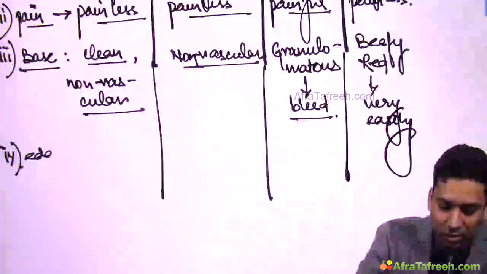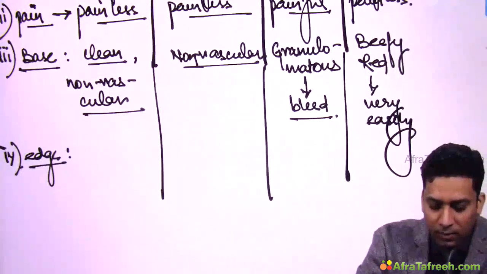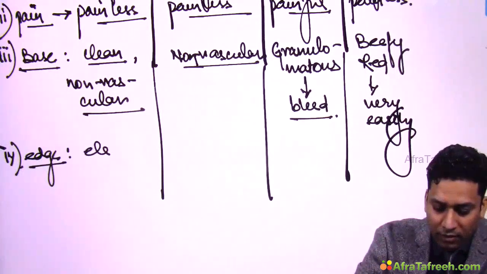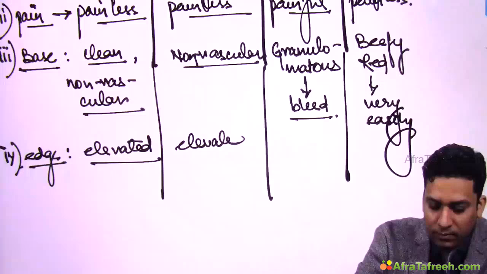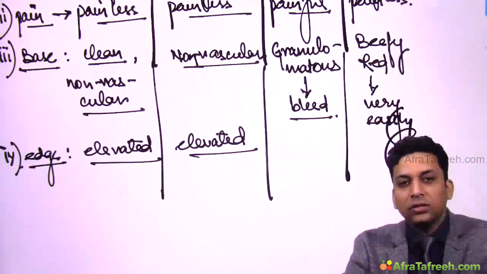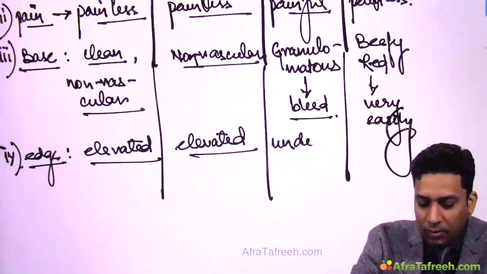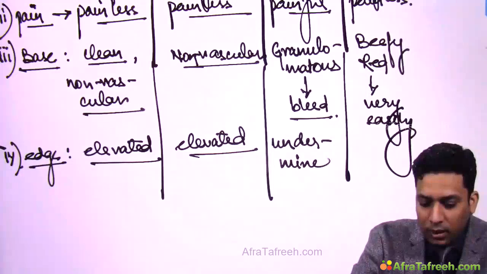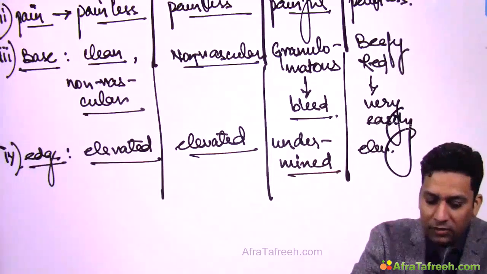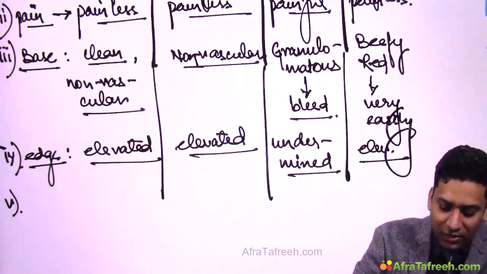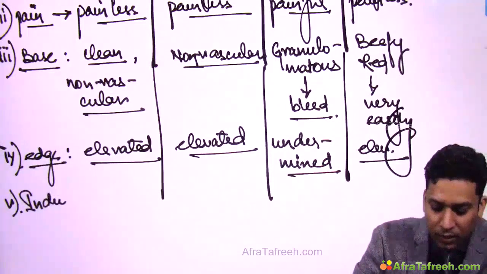If you look at the edges or margins, here they are elevated. They might be elevated here as well. But the characteristic margins or edges which are seen in chancroid are undermined. And the last one is induration.